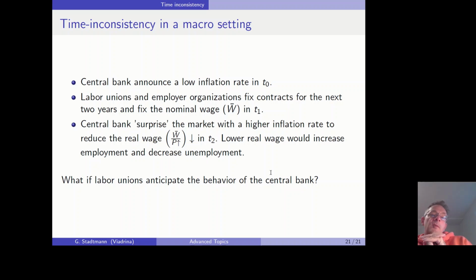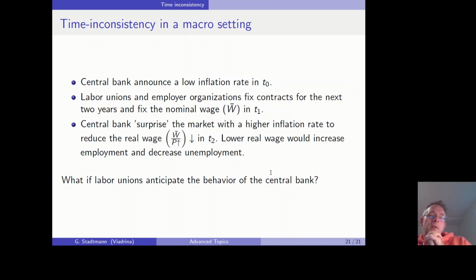And then the central bank has an interest to surprise the market with a higher inflation rate to reduce the real wage. So when the nominal wages are fixed and prices are up, the real wage decreases, and a lower real wage would increase employment and decrease unemployment.